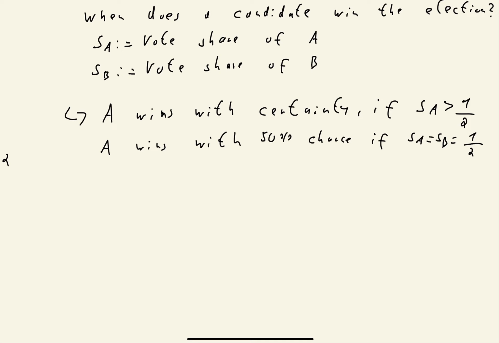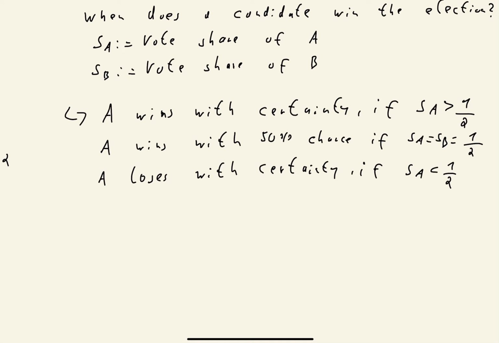So if both candidates have the same vote share, then each of them will win with a 50% chance. And the last case is that A loses with certainty if his vote share is strictly smaller than 1/2.